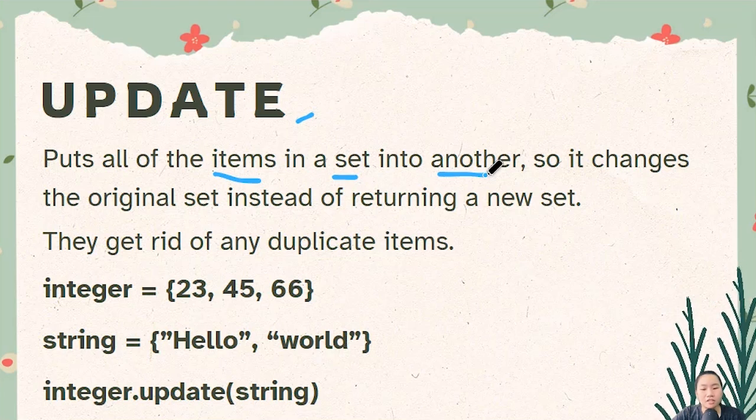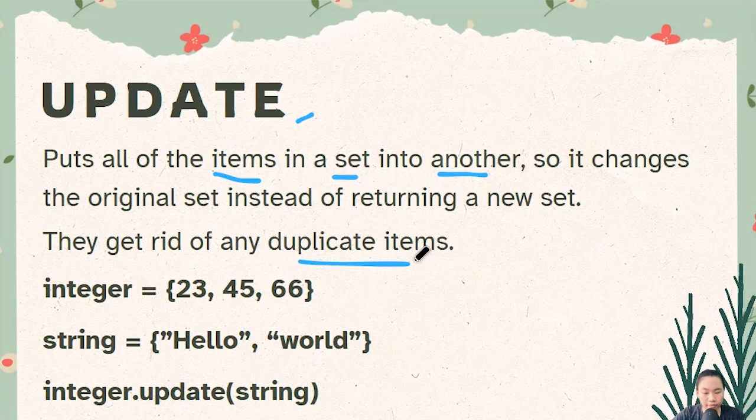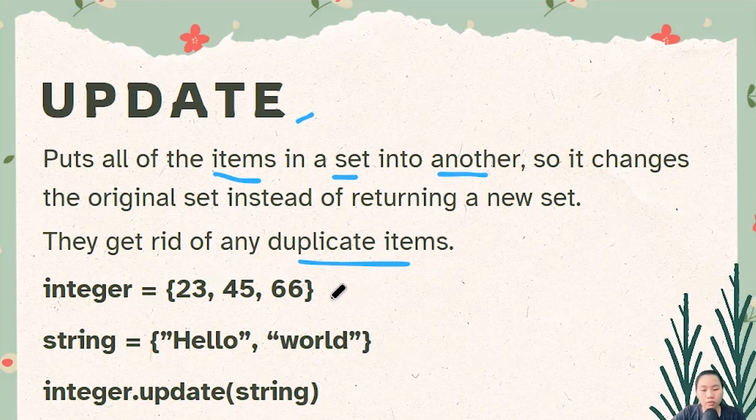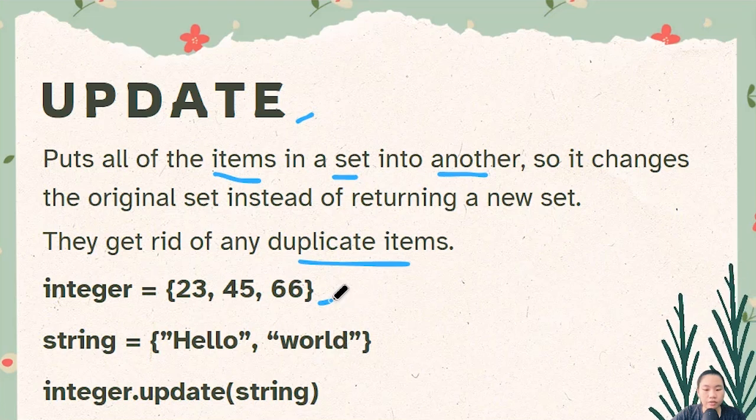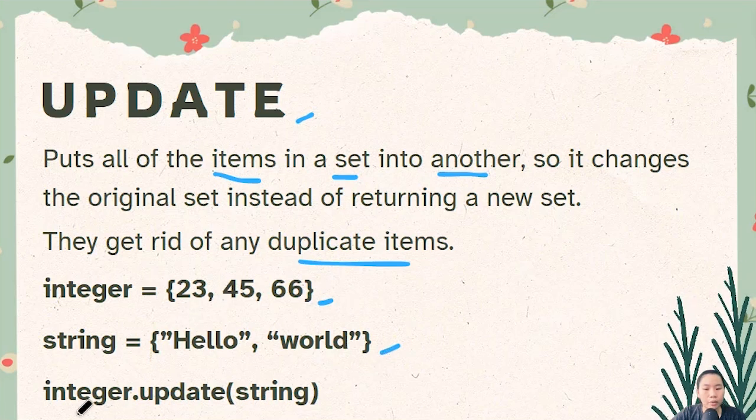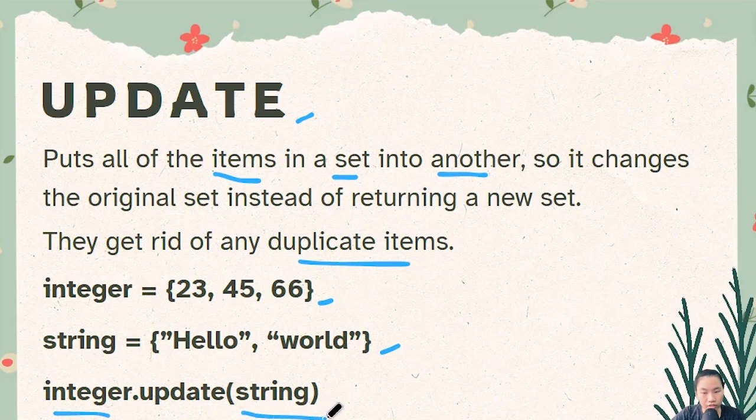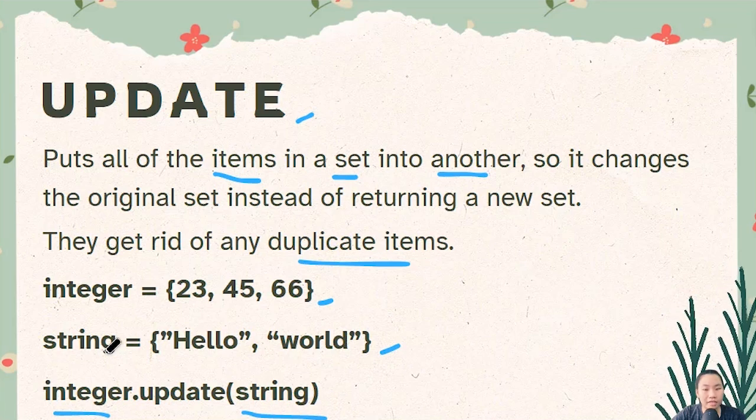And once again, it does not like having duplicate items, so it will get rid of all of that. So we have a set of integers 23, 45, and 66, and we have another set of strings with hello, world. Okay, now if we update the integer set with the string set, we would have a combination of both sets.